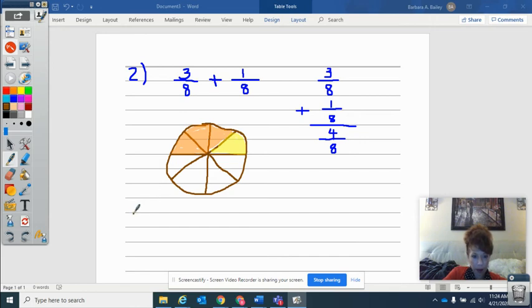All right, so here's an example. Let's see. 2/5 plus 2/5.